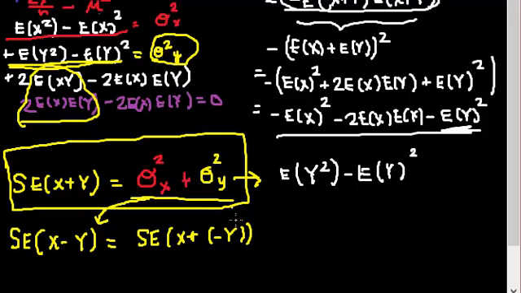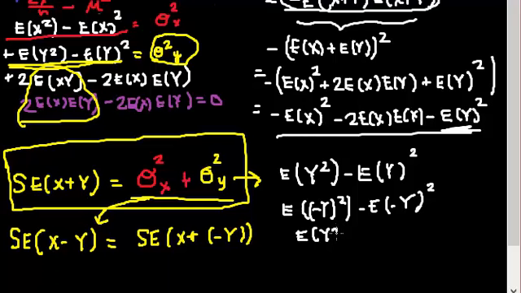Alright, now if I change it to negative y, the only thing that would happen is that it would be the expected value of negative y squared minus the expected value of negative y squared. Of course, negative y squared is just the same thing as y squared.